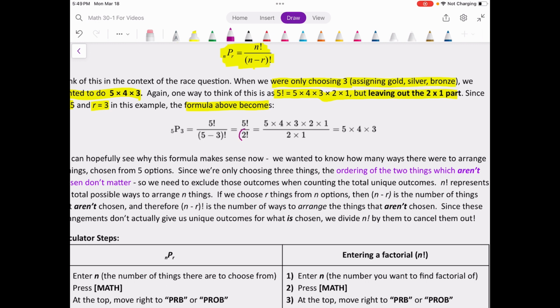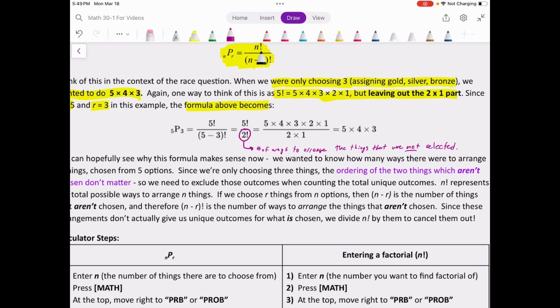So this n minus r, which in this example gave us 2, is the number of ways to arrange the things that were not selected. The order of 4th and 5th, if it's D then E or E then D or A then B or B then A, doesn't matter in the context of how many ways there are for someone to win gold, silver, bronze, right?